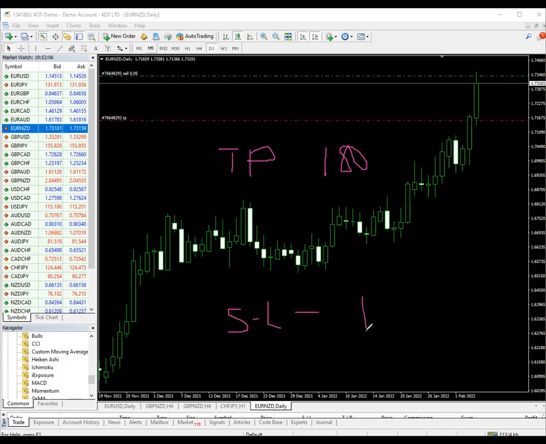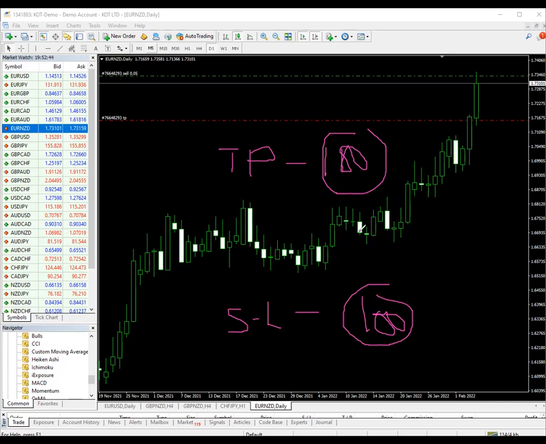I will soon explain why I am using this 1:1, because my target is as equal as my loss. I will explain in the near future why currently I am doing so. Now, I always advise that you put this on demo if this is your first time seeing this analysis. Put it on demo for maybe a month or two.